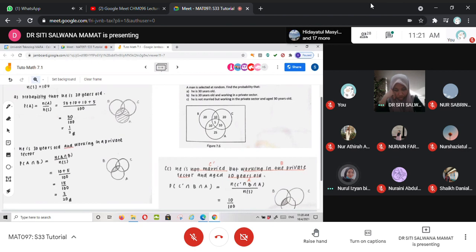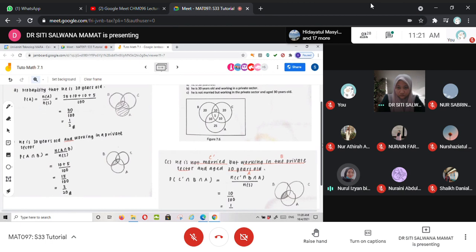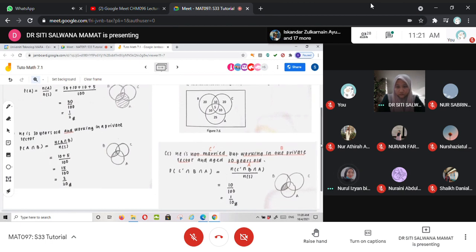For C, he is not married but working in the private sector and age 30 years old. For he is not married ni, kita buat C prime. So we need to find the probability of C prime intersect B intersect A. Untuk C prime intersect B ni, kita akan dapat 10.